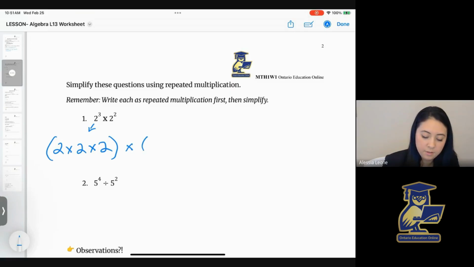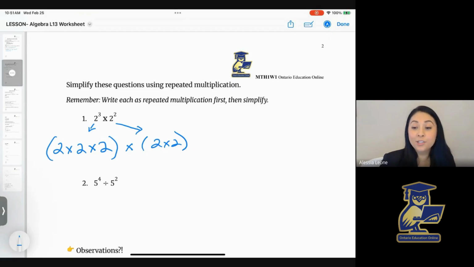Times 2 to the power of 2, 2 2s. 2 times 2. That's what that is. How many 2s do we have all together here? Let's count. 1, 2, 3, 4, 5. 5 altogether. We can show that: 2 to the power of 5.